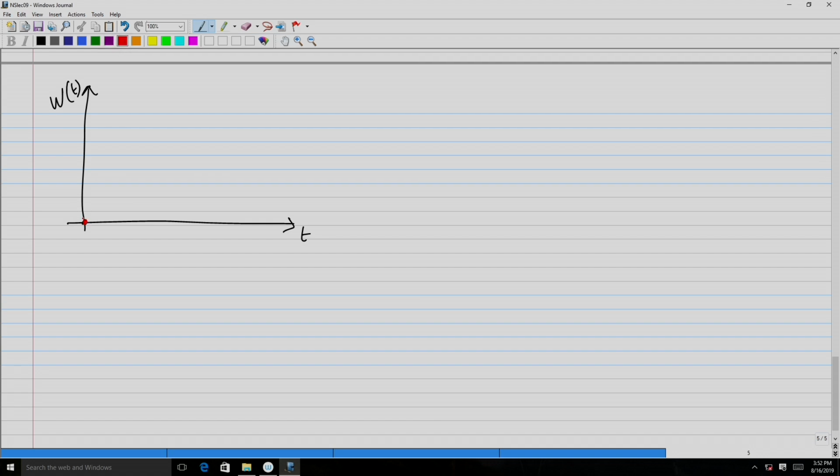It starts at 0 and at each time point it may go up or down. A typical process will show these kinds of behaviors. The oscillations can be a little bit more like this also. This is how a typical sample path will look.